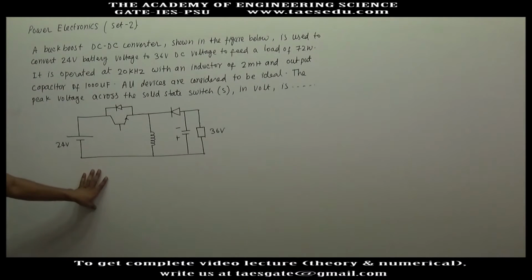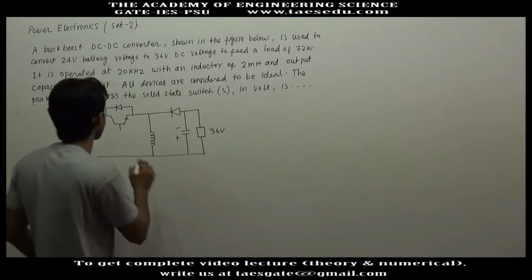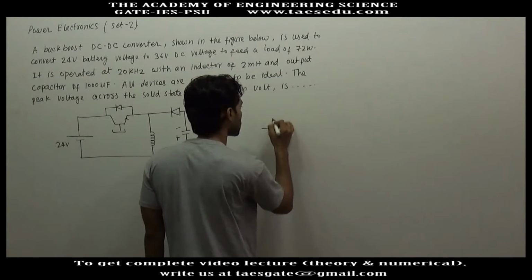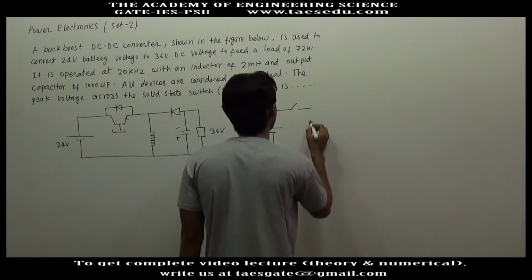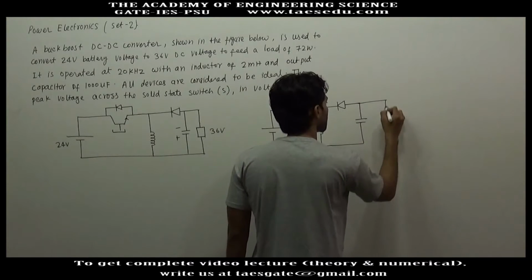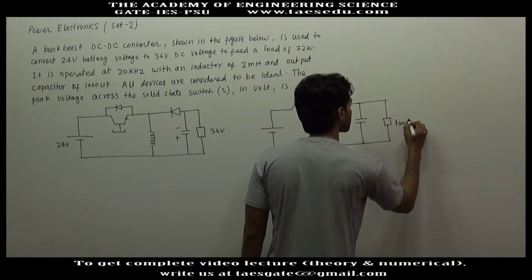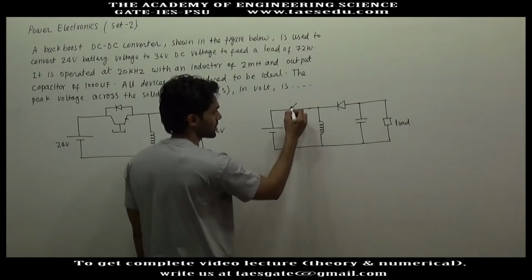This is a circuit diagram of a DC-DC buck-boost converter. Okay, this is the solid state switch. Here we have a solid state controlled switch, then inductor, and here we have the load.